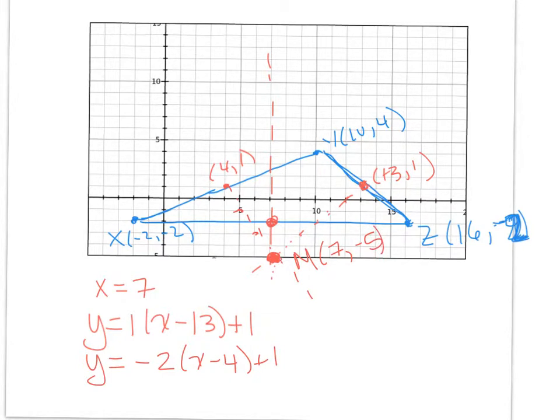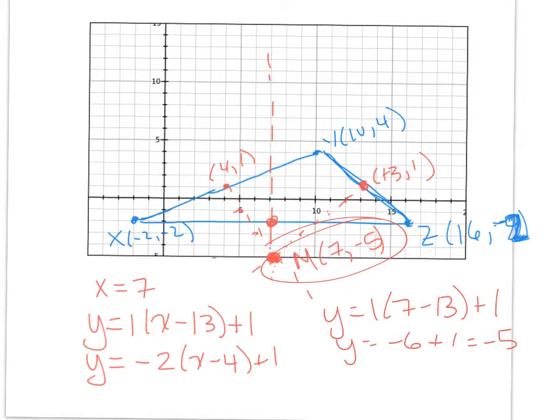Okay, but just to algebraically verify that, we already see that x equals 7, so we could take that x equals 7 and substitute it into either one of our y equals equations to find out the y value. So y equals 1 times 7 minus 13 plus 1. That is -6 plus 1, which is indeed -5. So our circumcenter is 7, -5.